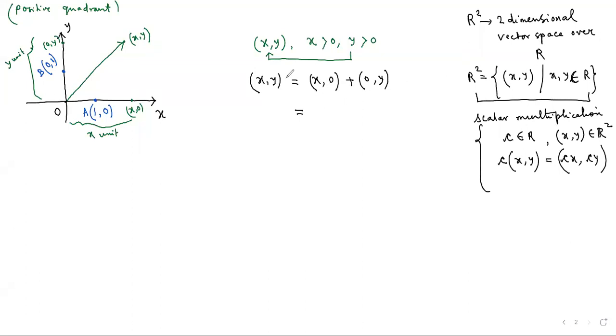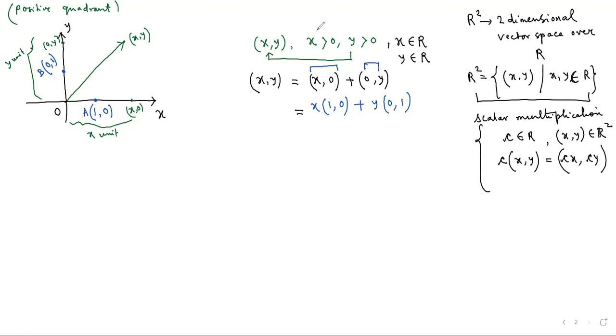Now, since x and y are numbers, what is x? x is a real number, so we can consider this to be a member of R. y is a real number, we can consider this to be a member of R. Then by applying the scalar multiplication rule, this particular term can be written as x times (1, 0) plus y times (0, 1).